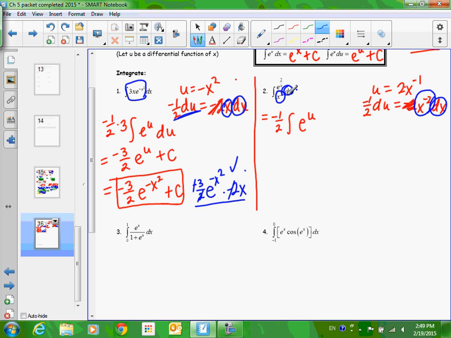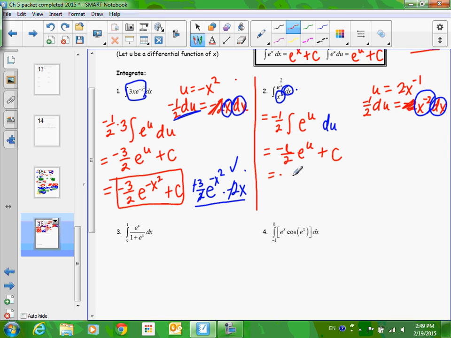So I take out those two things and I replace it with du and negative 1/2, but I've already written that. Okay, so now we integrate, which is easy. E's for easy, just kidding, but this is easy. And if you get confused between derivatives and integrals, it's okay. It goes the same way.